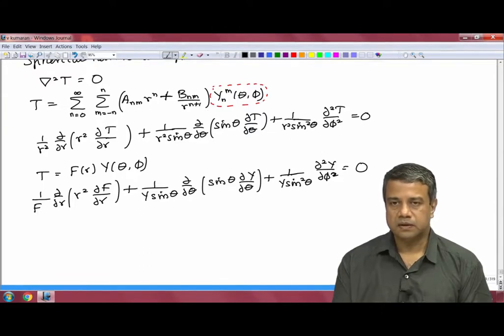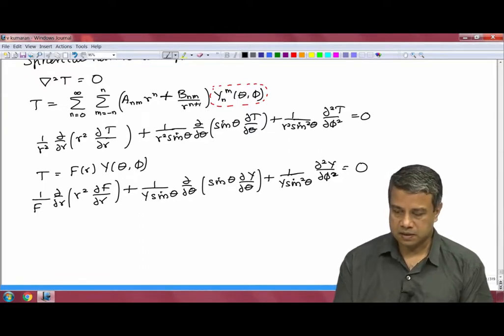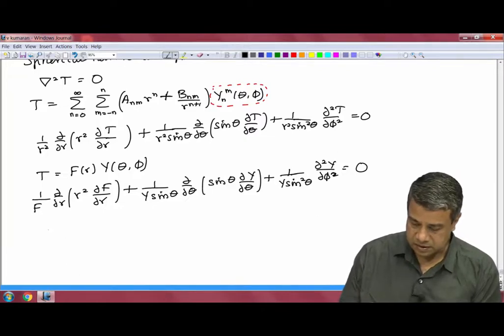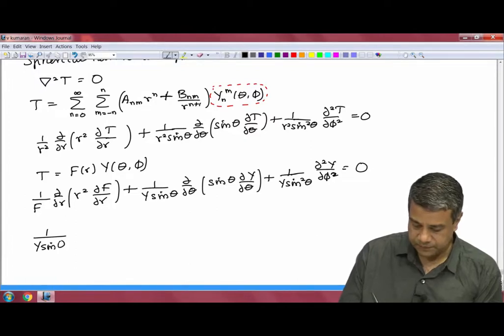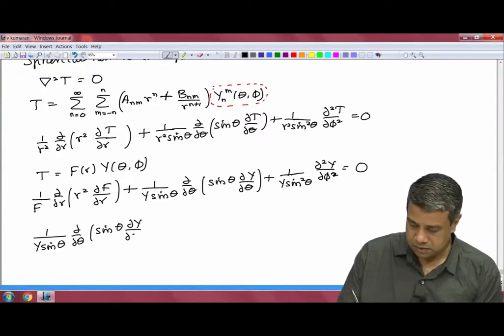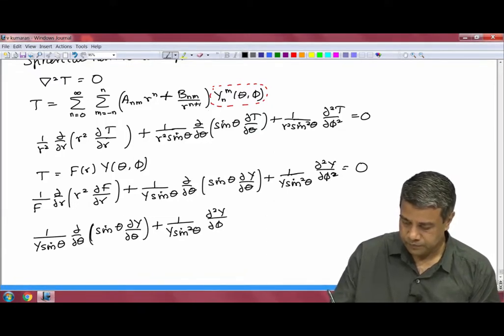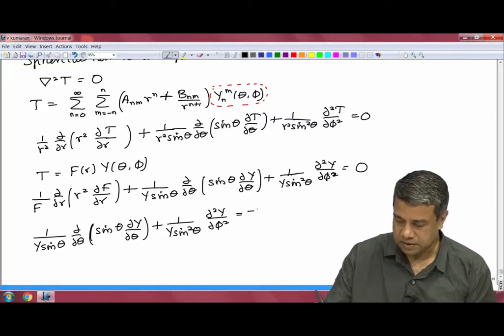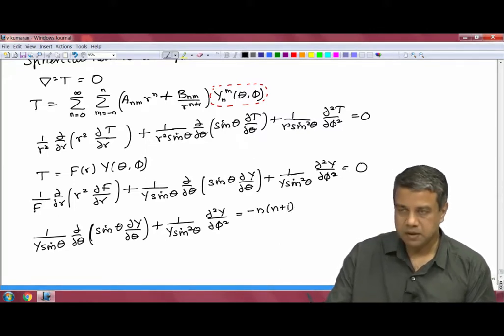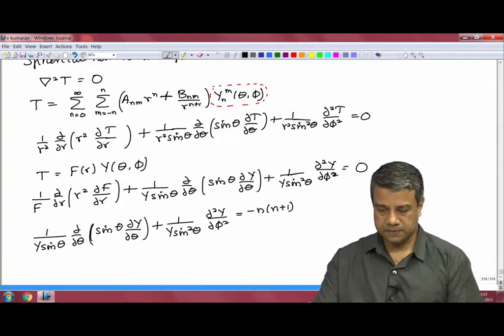When we discussed the Legendre polynomial expansion, we found that the constant has to be of the form 1 over Y sin theta, and so on, equal to minus n into n plus 1, where n is an integer.